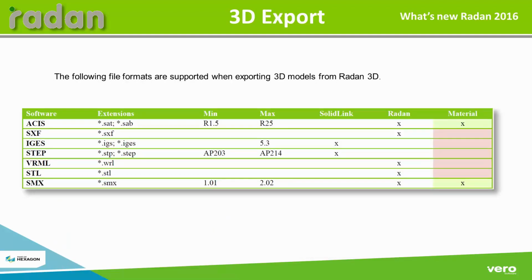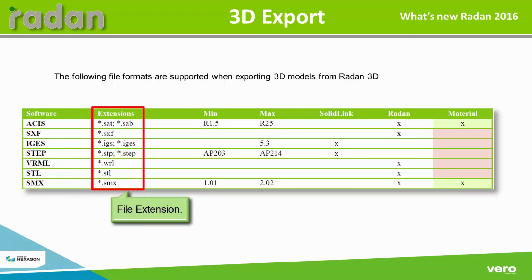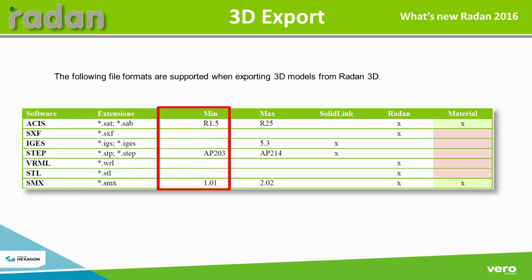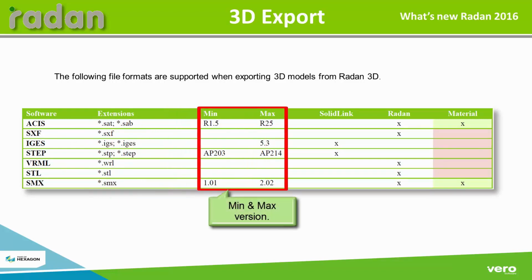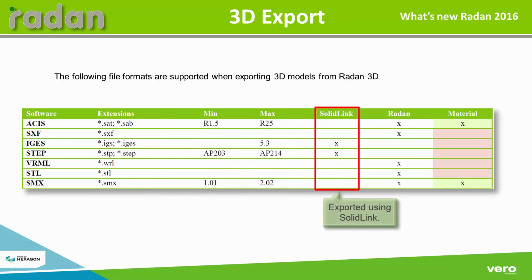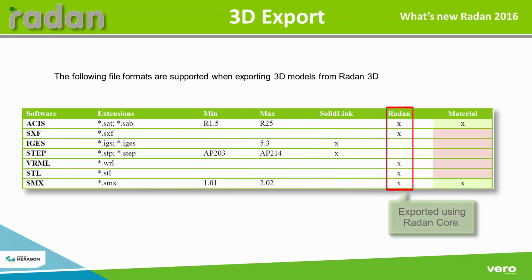3D export. The following formats are supported when exporting 3D models from Radan 3D. Here we can see the file names, the file extensions, the minimum and maximum versions of this file that we can export, whether exported using SolidLink or exported using Core Radan.